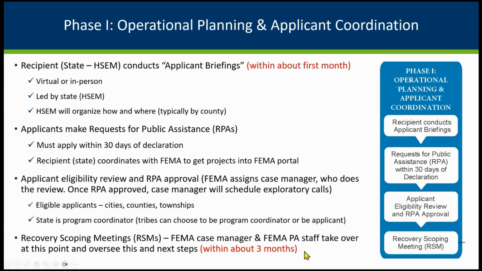And the next big step is they have these recovery scoping meetings. So communities will have a FEMA case manager and a public assistance staff will take over, but it's about 3 months after the disaster. So they're not out there right away taking care of some of those things. Again, why you want to be documenting what you have been doing so that you can get reimbursed for everything that's eligible.